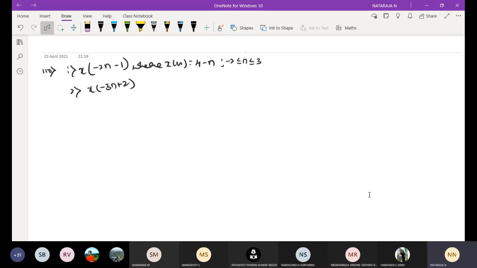First find x of n. I want to know the values of x of n. Can anyone tell me what value you got?